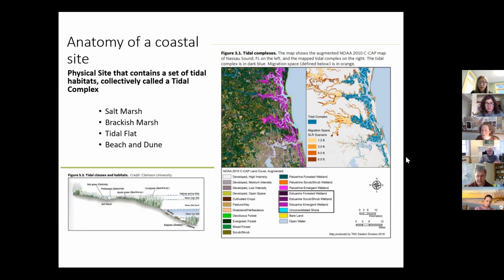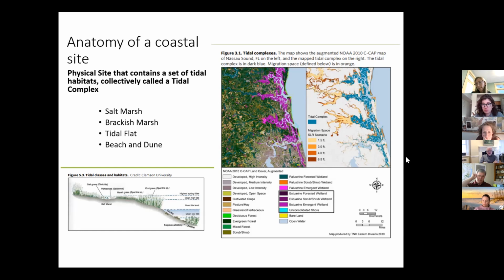The figure on the right, if you spend a little bit of time with it, is comparing NOAA's CCAP land cover data that looks at tidal complexes with some of the first base analyses of TNC's tool that shows their tidal complex. And then what you're seeing is the marsh migration space that's defined by TNC's tool at various sea level intervals.